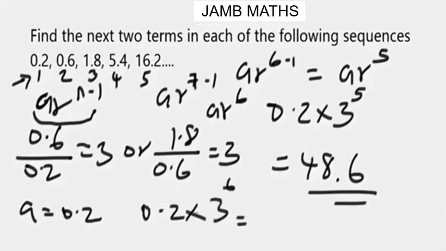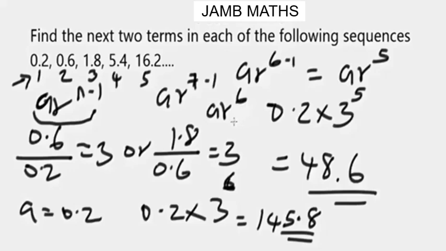When you calculate 0.2 times 3 to the power 6, it is going to give us 145.8 as the output. So this will be the seventh term. So the sixth term, 48.6, and 145.8 as the seventh term, will be the next two terms for this geometric sequence. Okay, so this is basically how you can deal with this kind of problem.